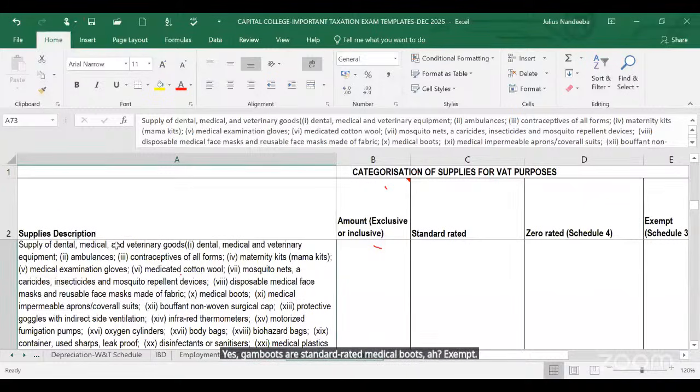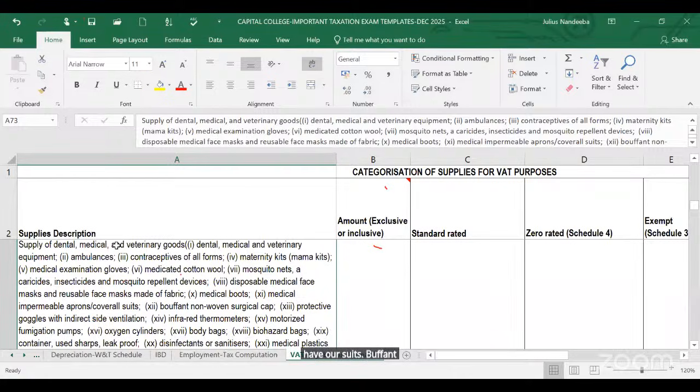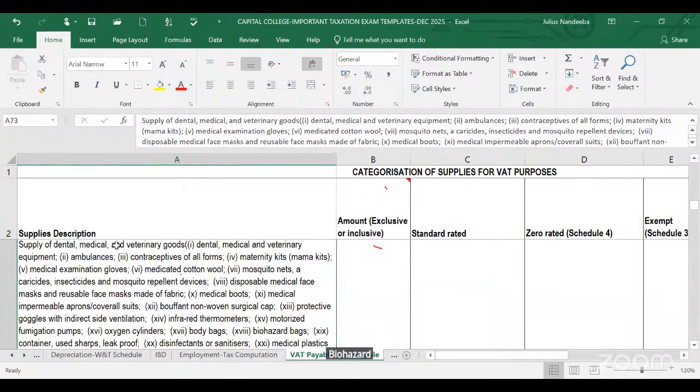Medical impermeable aprons, coverall suits, bouffants, non-woven surgical caps, protective goggles with indirect side ventilation, infrared thermometers, motorized fumigation pumps, oxygen cylinders, body bags, biohazard bags, containers.